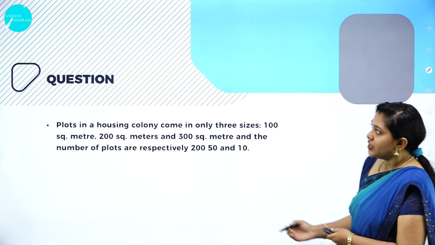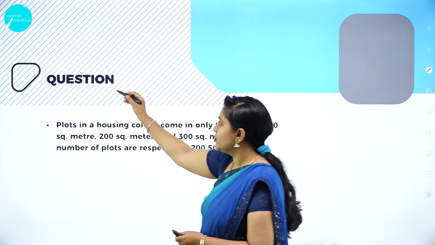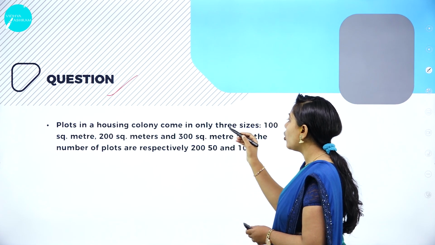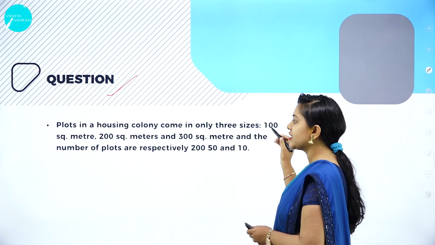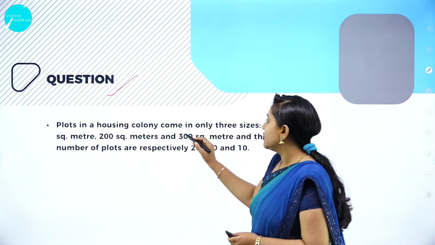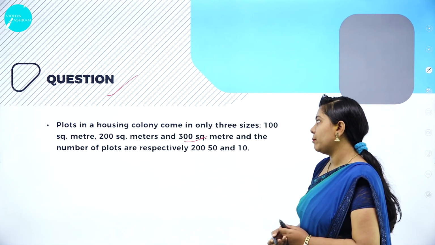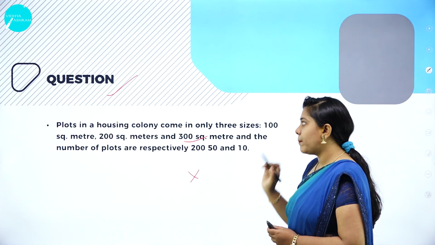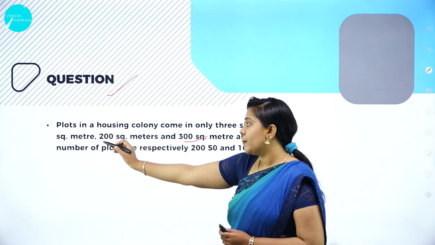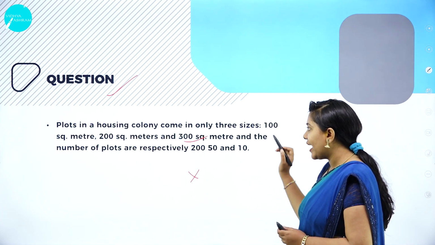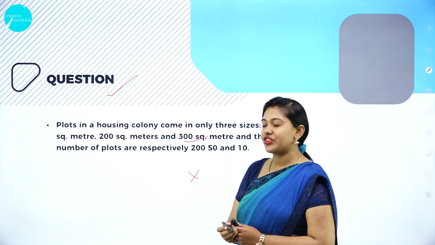Next we have a question to be solved. Plots in a housing colony come in only 3 sizes. So what are the sizes? 100 square meter, 200 square meter and 300 square meter. So X variable is there. We have 3 plots given in square meter, that is 100, 200, 300, and the number of plots is given respectively.